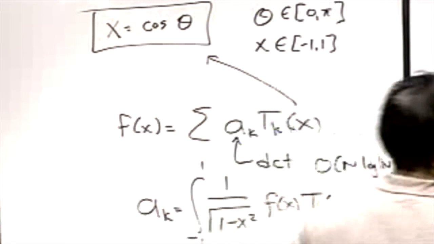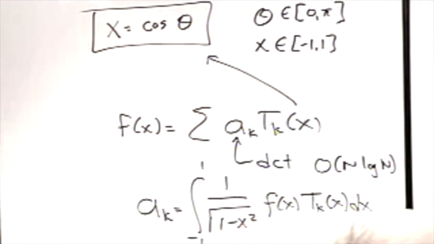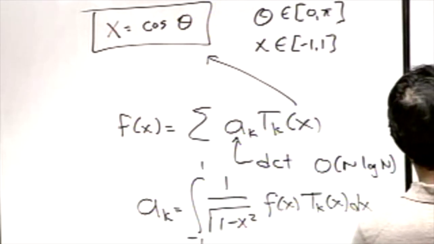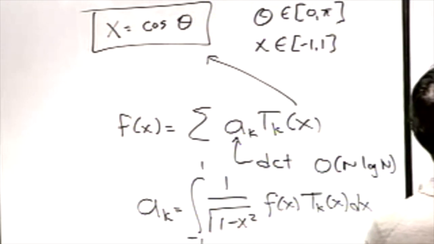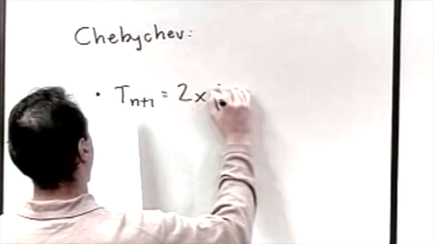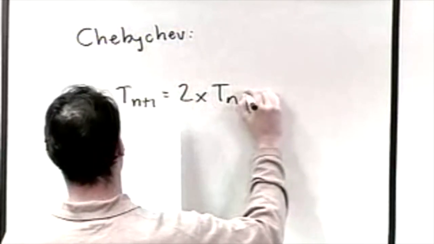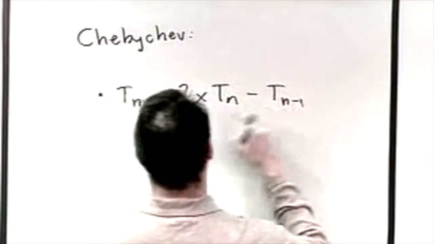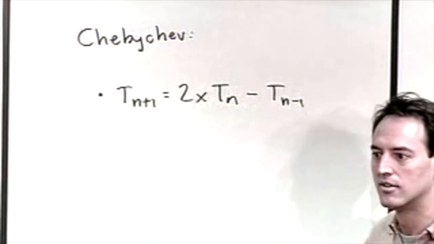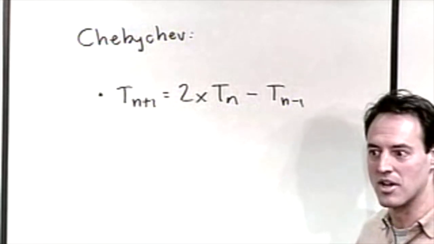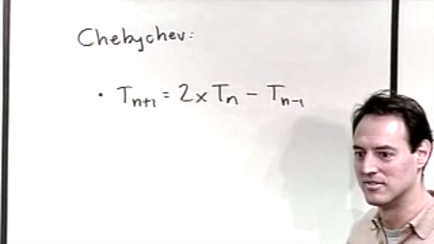All right, some properties of the Chebyshev polynomial. First, I'm just going to write some of these down. You have a very nice relationship between an iterative scheme for generating the next polynomial.